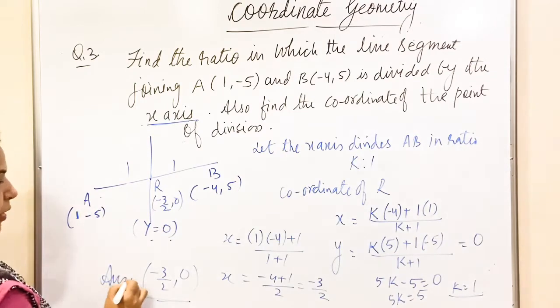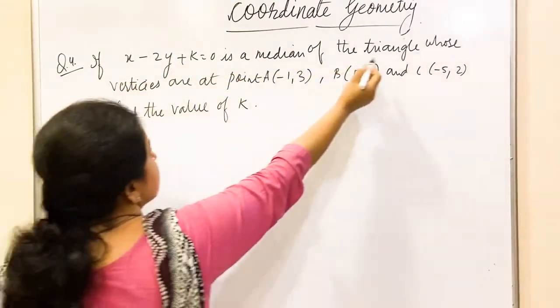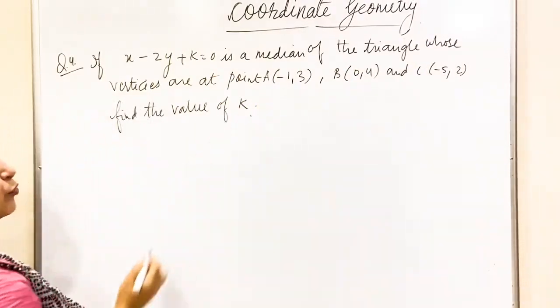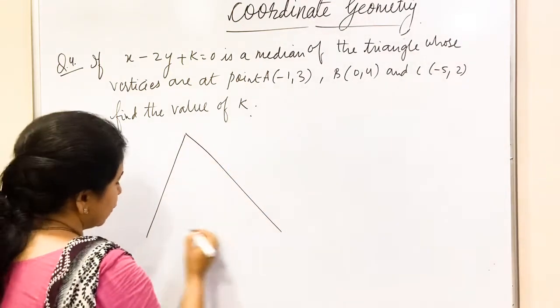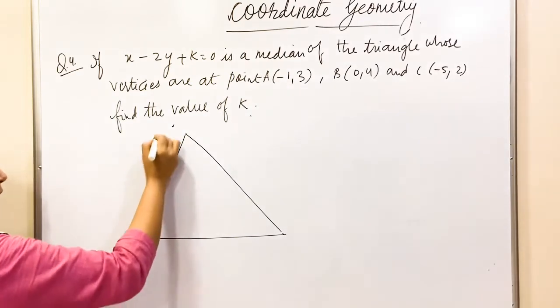This is the answer. In this question, this is the median of a triangle whose vertices are A, B and C. We have to find the value of k. So median means passing through the vertex and the midpoint of the opposite side.